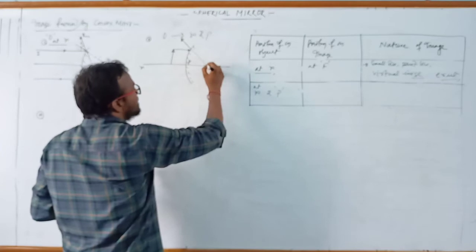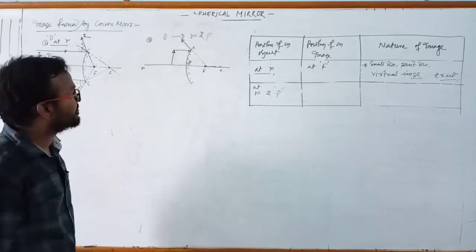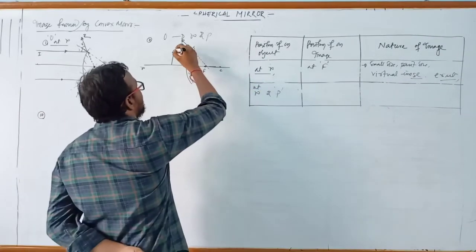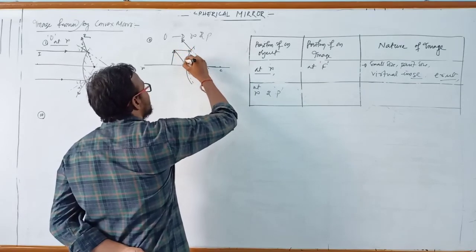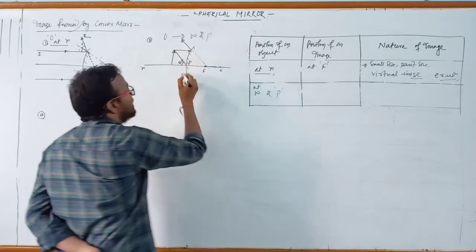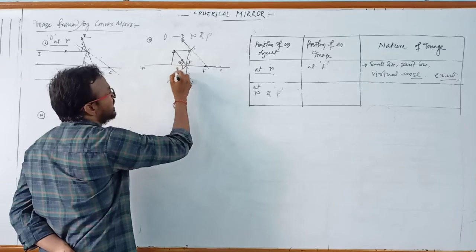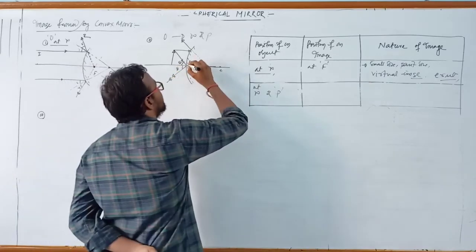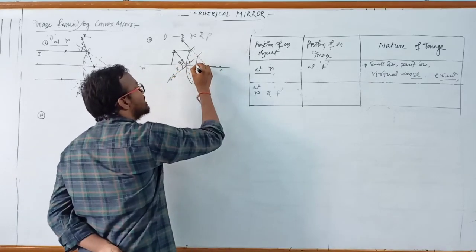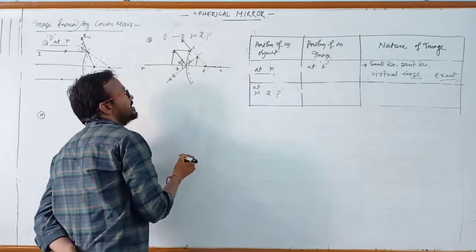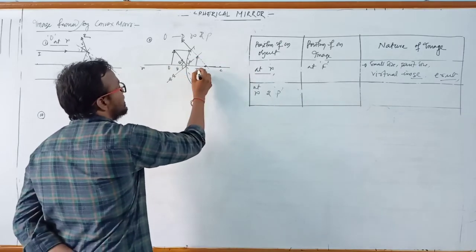If you produce it, then this point passes through the focus point. Another ray, suppose you take another ray which is incident at the pole at this angle theta, and reflects back at the same angle theta in this direction. If you produce this ray, then this is the image. Clear? And this is the object and this is the image.